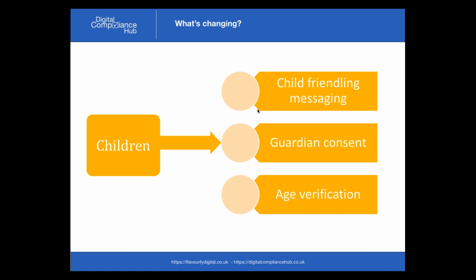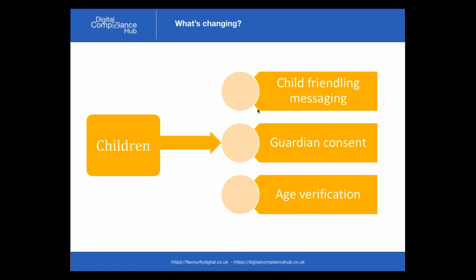Now, if there's anybody offering online services aimed at children, so the GDPR talks about information society services, which is European law speak for online, and you require consent from the child for the processing of their data, then you not only have to provide child-friendly messaging, but you will also need to get consent from a guardian of the child as well as the child's consent.